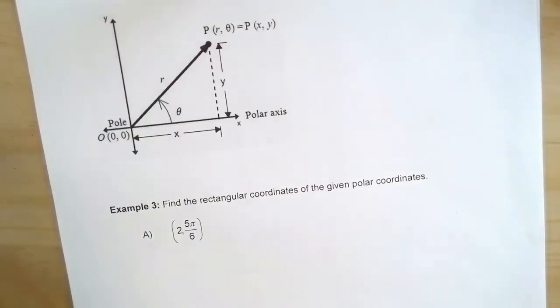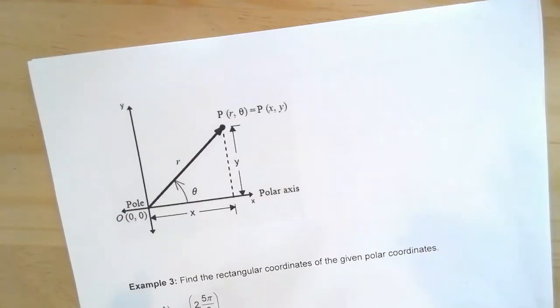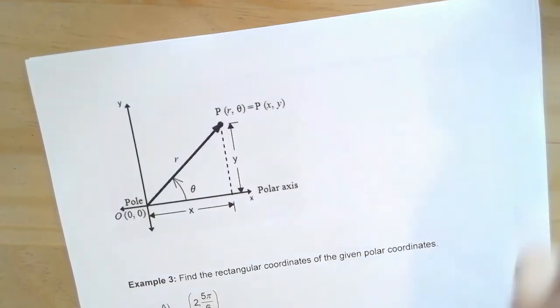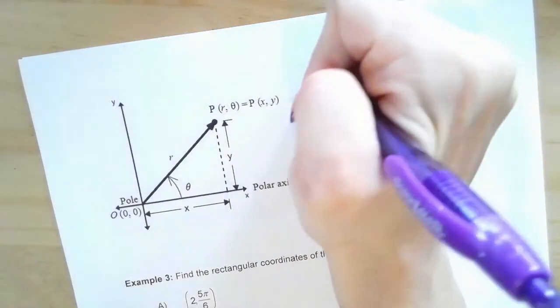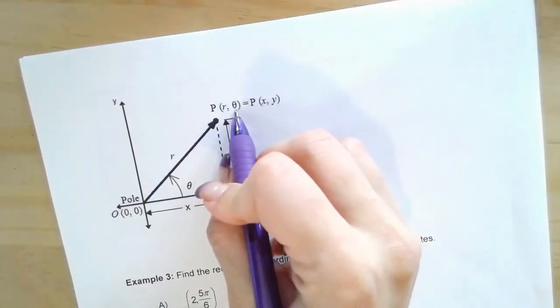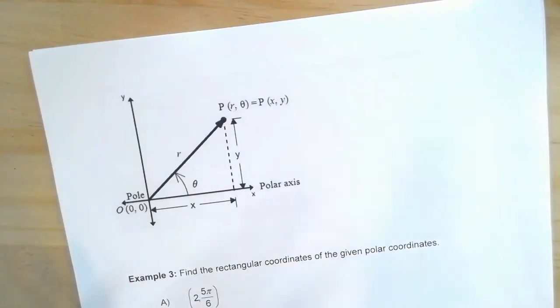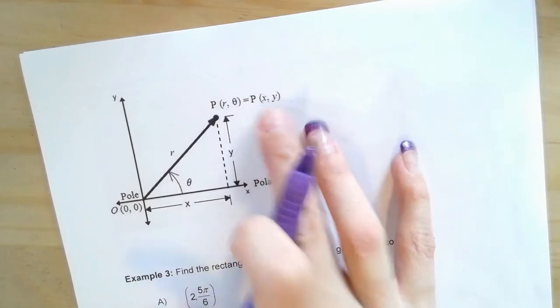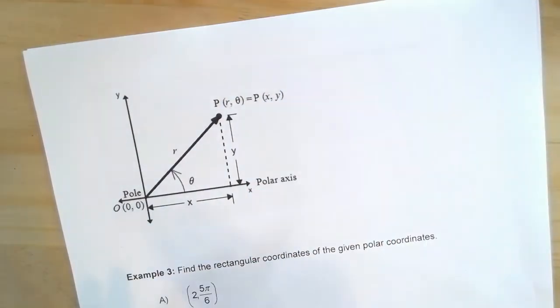All right, let's talk about the relationship between our polar and our Cartesian. So we have that r comma theta and x comma y, but how do they relate? How can we get x there? Well, let's remember our trig functions.